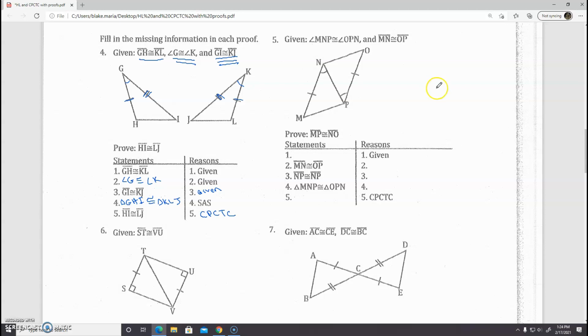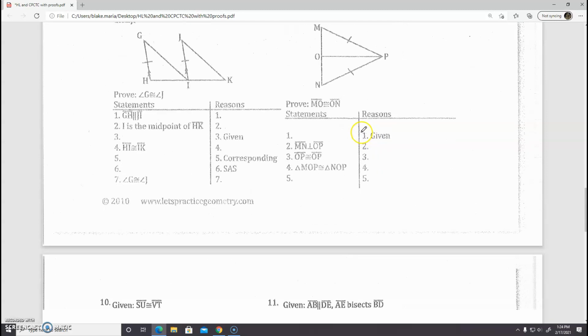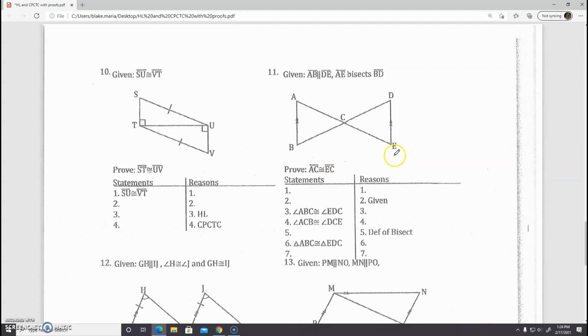All right, let's skip down a little bit. Skip down to here. So sometimes parallel lines pop up. So we're going to start with our AB is parallel to DE. That was given. All right. So we know that these lines are parallel lines.